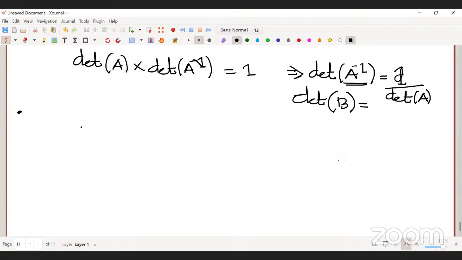So let me discuss minor and cofactor. You'll see more in the next week about how to compute the inverse of a matrix.